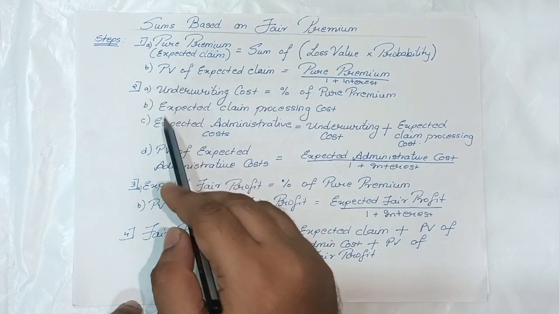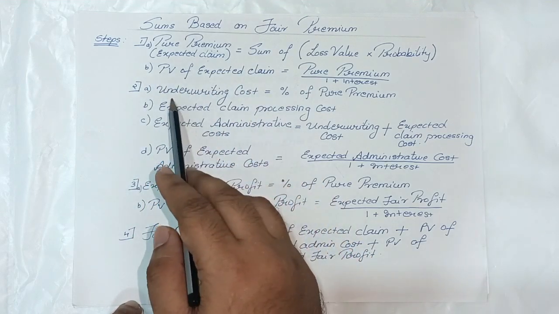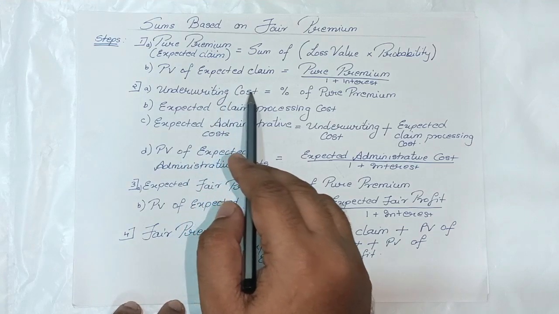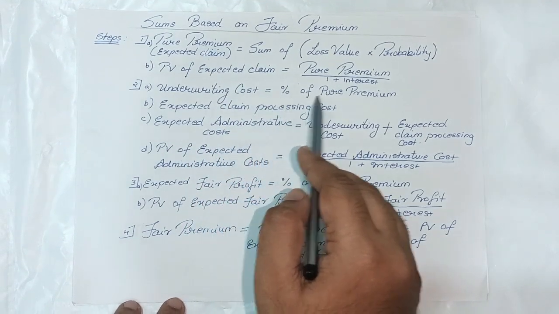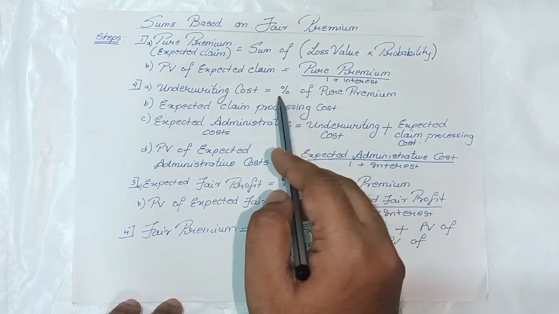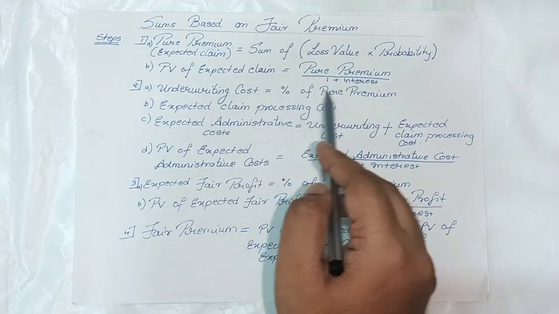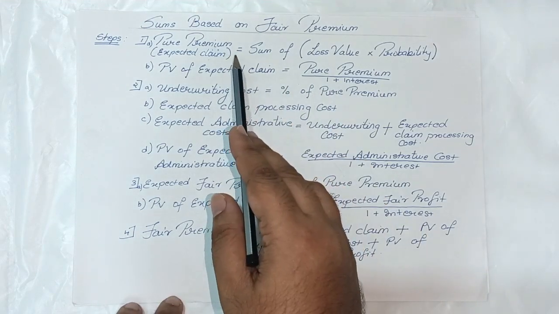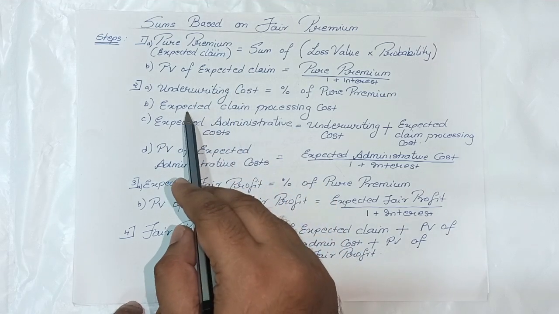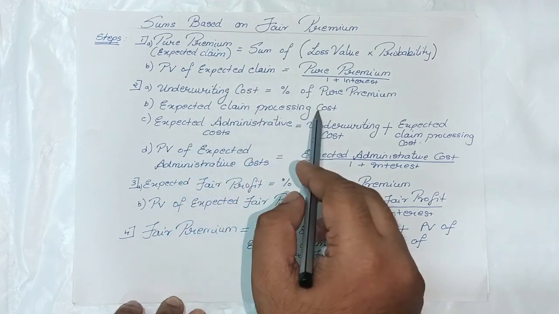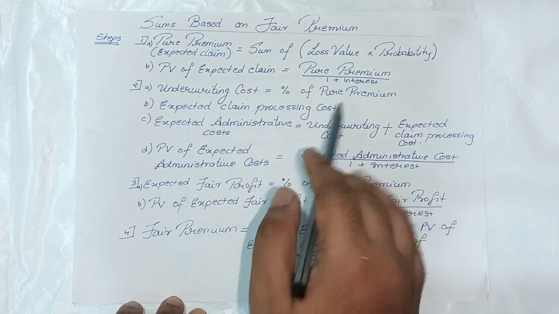In the second step, there are 4 sub parts. First, we need to note down the underwriting cost, which is nothing but a percentage of pure premium. They will always give you a certain percentage in the question, which will be taken on the pure premium that we have already found. Second is the expected claim processing cost, which will be given in the question.